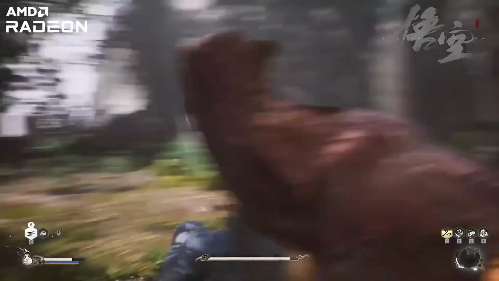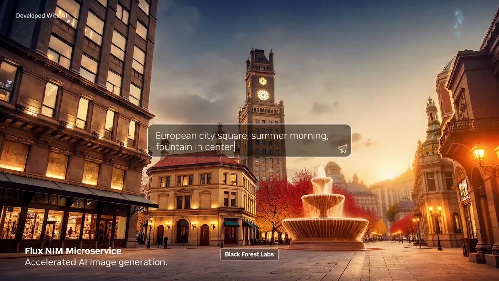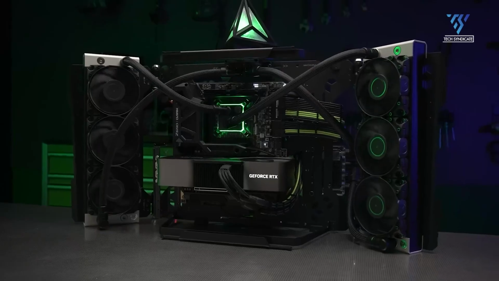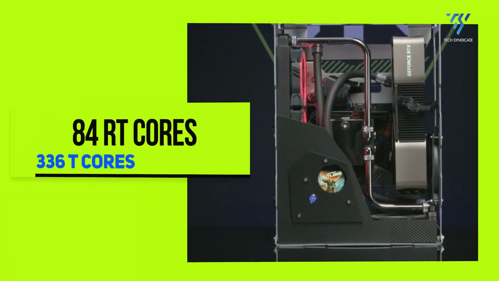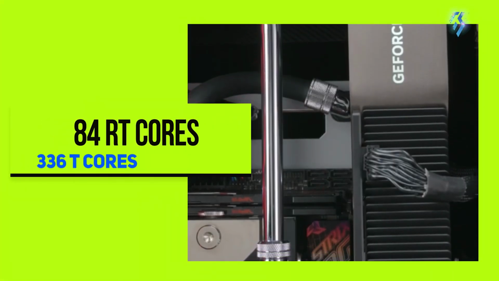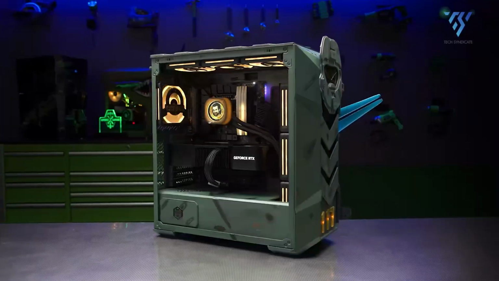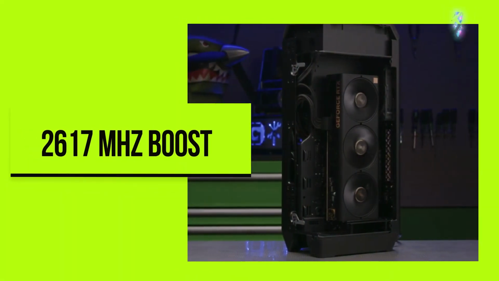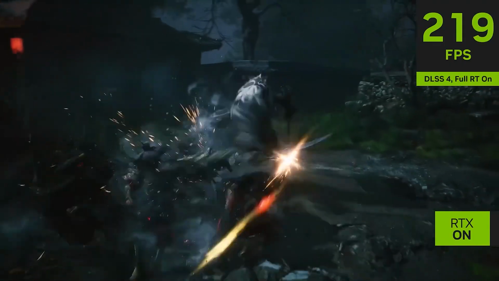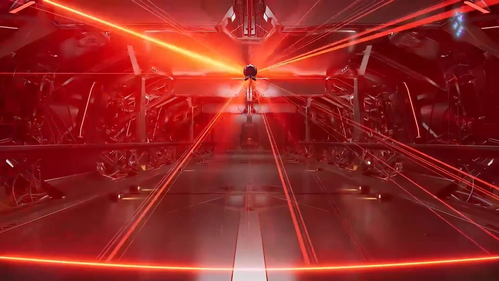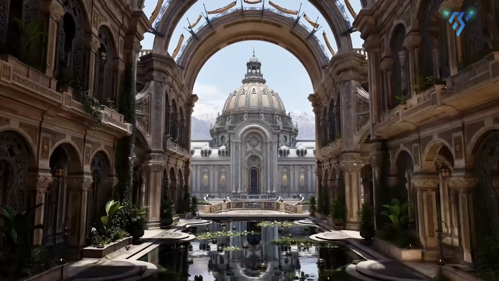Ray tracing and AI acceleration have become defining factors for modern GPUs. The RTX 5080 includes 84 dedicated ray tracing cores and 336 tensor cores optimized for deep learning supersampling and similar technologies. Combined with its higher clock speeds of up to 2,617 MHz boost, the RTX 5080 delivers unparalleled performance in ray-traced environments and AI-driven upscaling.